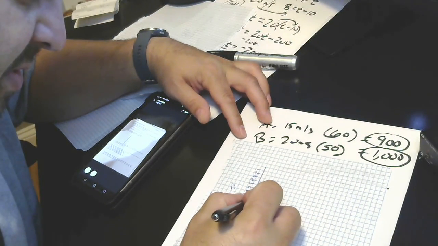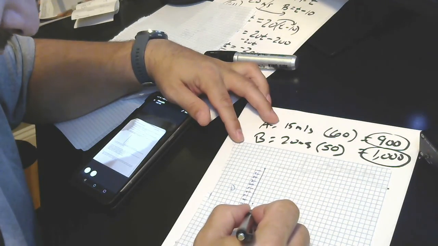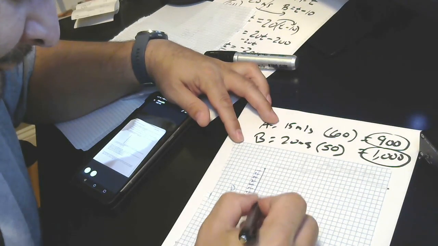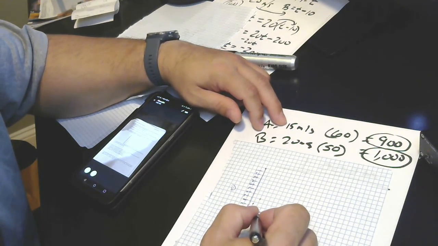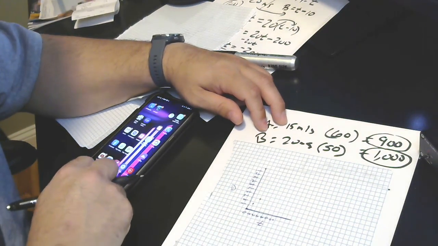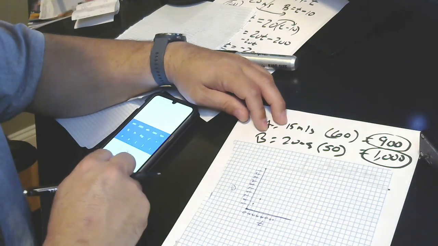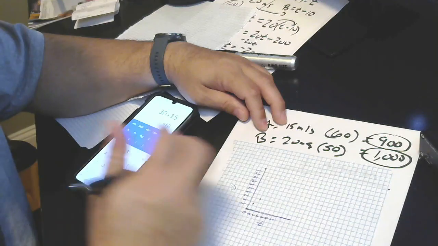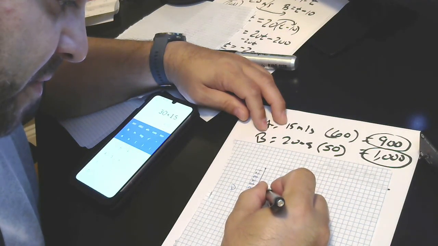So this is the first one, goes there. After 20 seconds, it's going 300. I'm doing that by 20 times 15. And then 30 times 15 is what? My calculator again. 30 times 15 is 450. So at 30, it's 450.